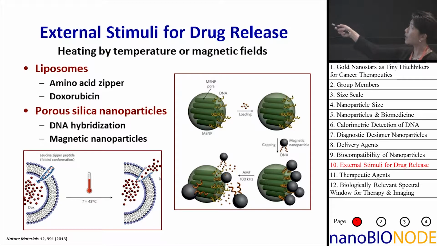What you then do is you want to cap these drugs inside the pores until you want to release them, and so you put on this magnetic nanoparticle that has complementary DNA to what you've put on the edges. So now you can imagine all these drug molecules are sort of stuffed in there. And then you use some type of radio frequency, and then you can heat and dehybridize the DNA, and then the drug is released from the center. So this is a very interesting example. It's actually a little complicated, but it shows you the level of different types of engineering that's necessary to achieve stimulated drug release.